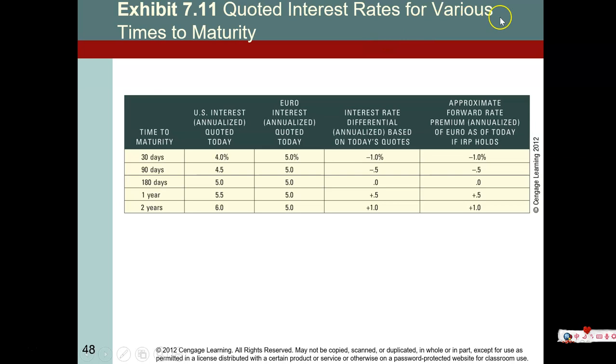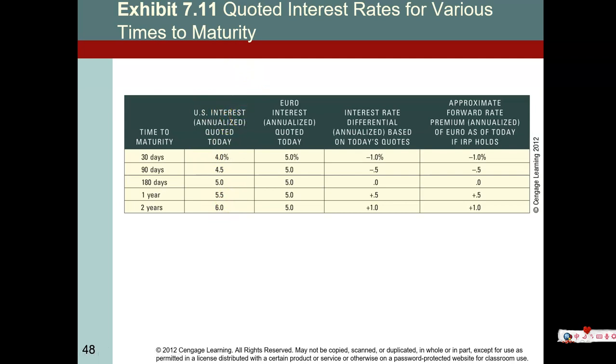Quoted interest rates for various times to maturity. We have different debt instruments with different times to maturity: 30 days, 90 days, 180 days, 1 year, 2 years. And the US interest rate, annualized and quoted today, is 4.5, 5, 5.5, 6. Remember, the longer the maturity, the higher the interest rate.